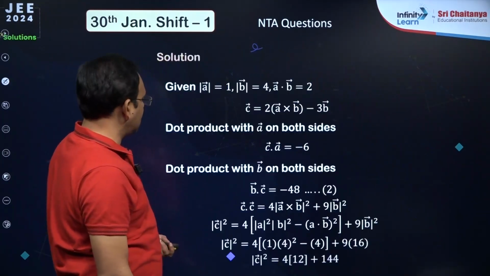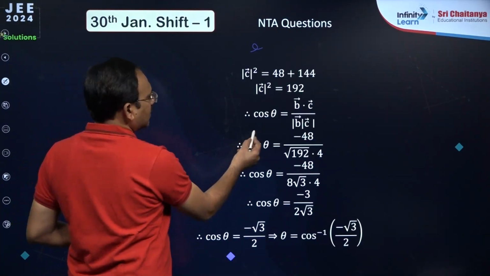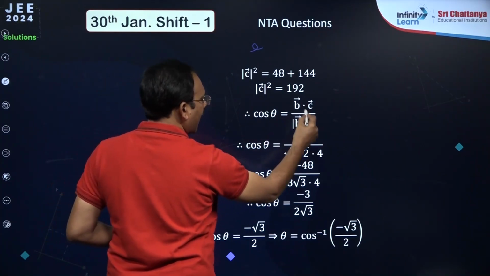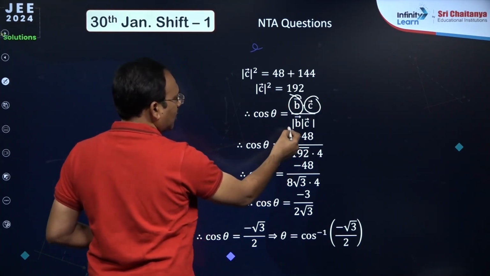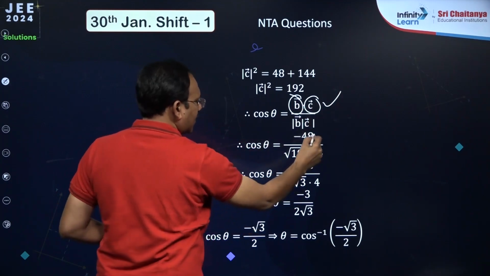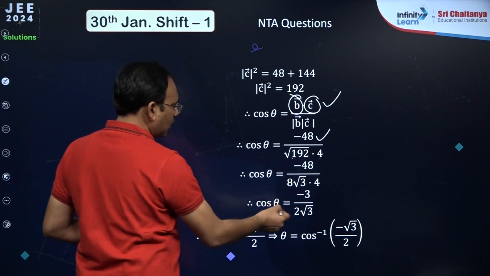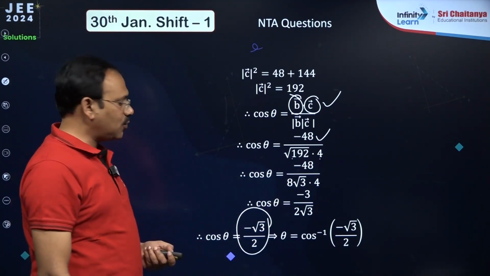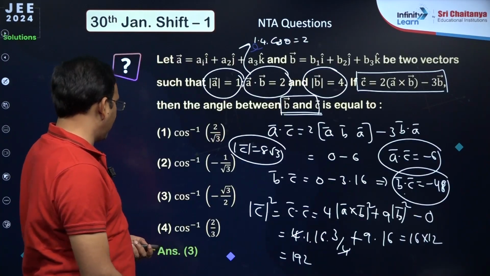Now consider cos theta, the angle between b and c: magnitude of b you know is 4, magnitude of c you know, and b dot c value you know, numerator minus 48. Magnitude of c is root 192, and this is 4. You just simplify, it is going to be minus root 3 by 2. So you can write the answer to be cos inverse of minus root 3 by 2, my dear friends.